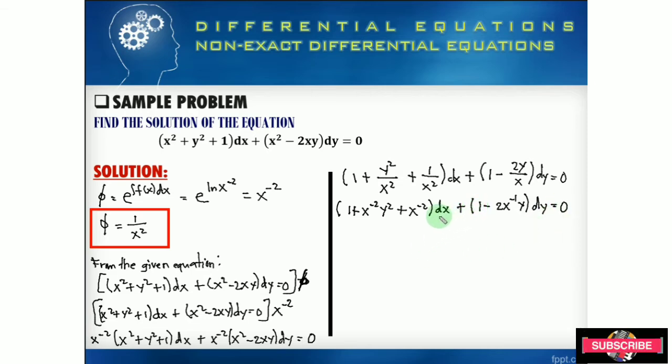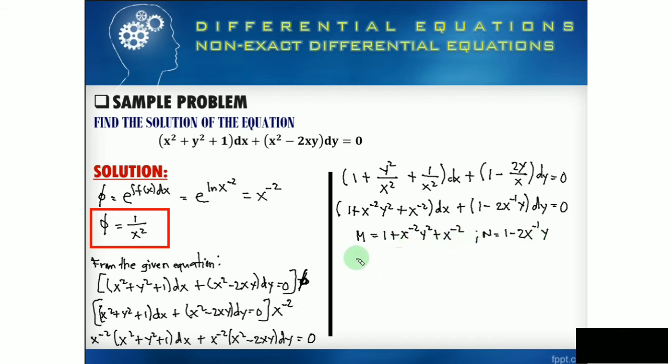Okay, so this is the time then that we are going to assign our new m and our new n, since we already used the integrating factor. So we have here our m, which is 1 plus x to the negative 2 y squared plus x to the negative 2, and we have also our n, which is equal now to 1 minus 2x raised to the negative 1 times y.